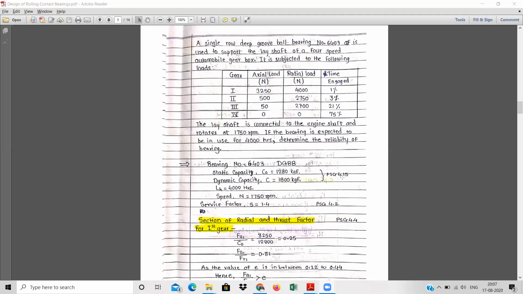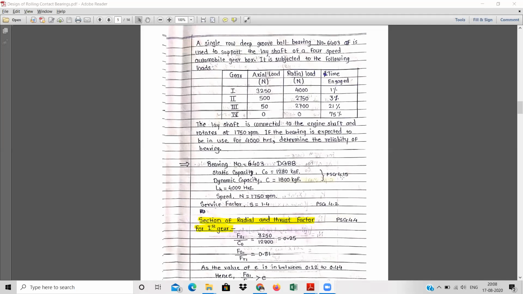Gear number two has a radial load of 2750 and axial load of 500. The engaging time of this gear is 3% of total time.